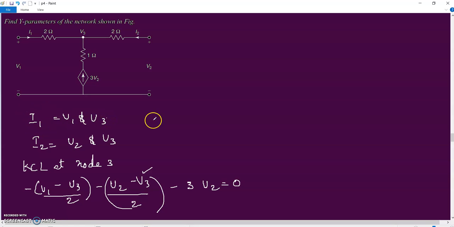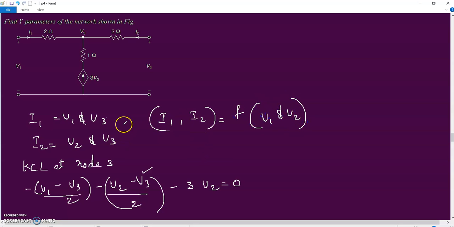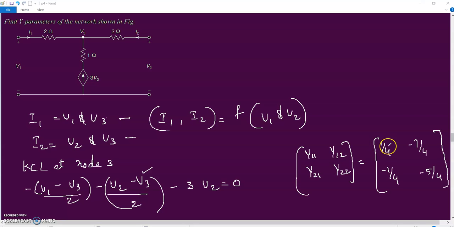So we will get I1 and I2 as functions of V1 and V2, and from these two you will get two equations in terms of I1, V1 and V2 and I2, V1 and V2, and from this we can write the Y parameters. So I will give you the answers, do it yourself and send it to me.